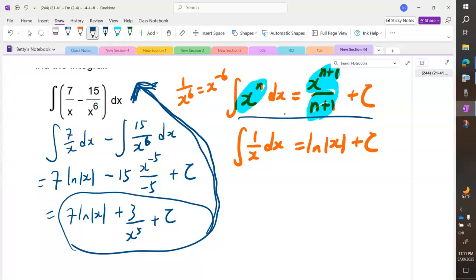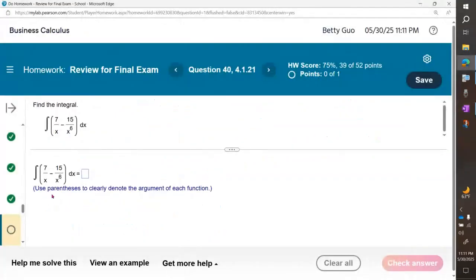So once you have your proposed solution, you can take the derivative to see if you get back the original function. I think it looks correct. This definitely is correct. So 7 ln absolute value, and use parentheses to clearly denote the argument of each function.